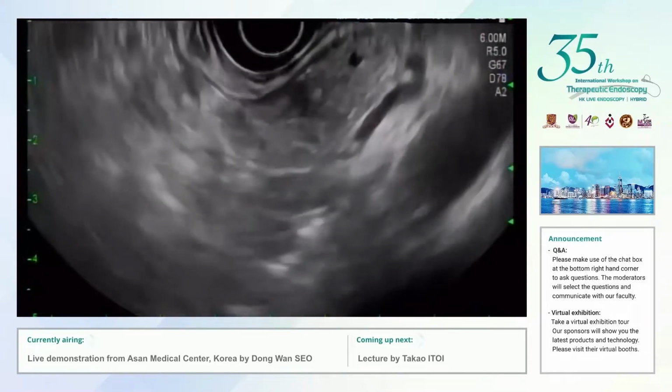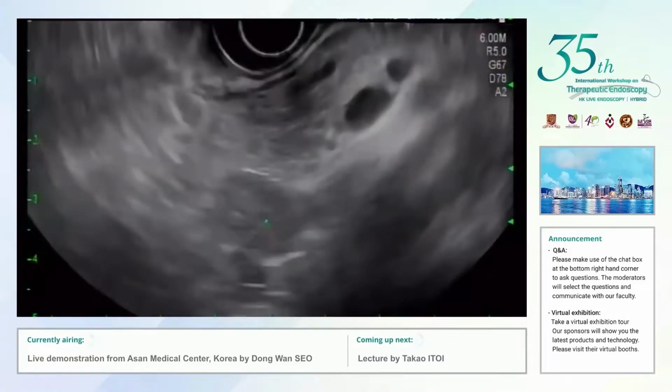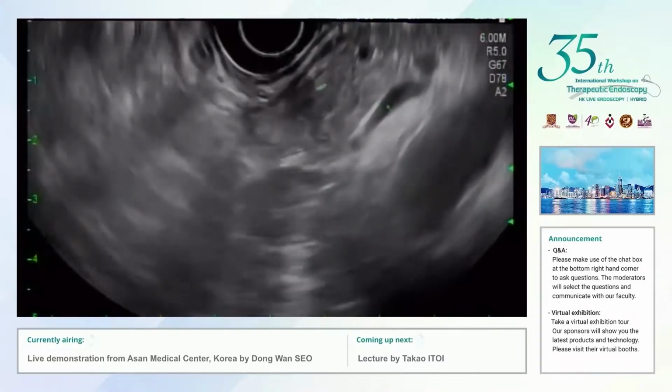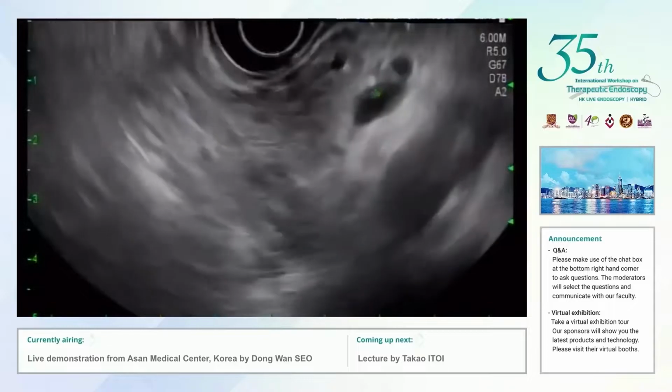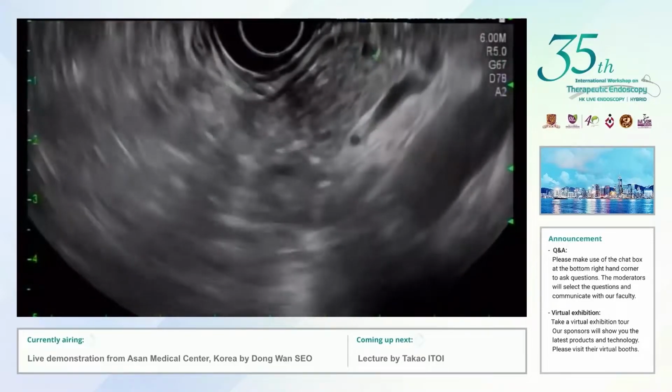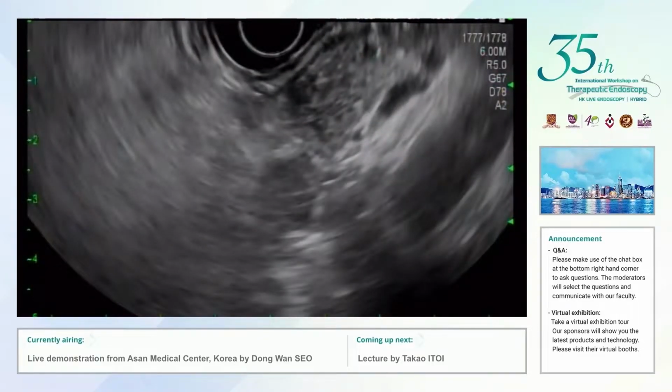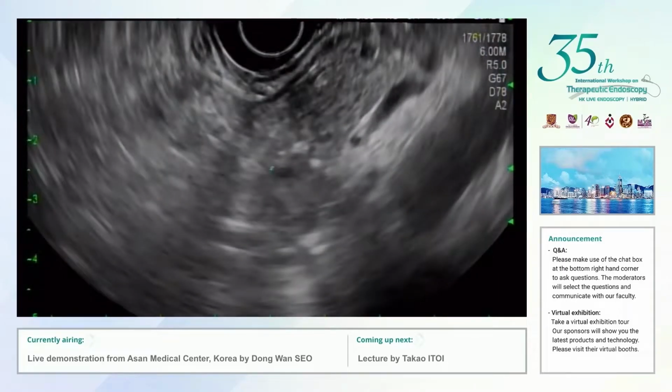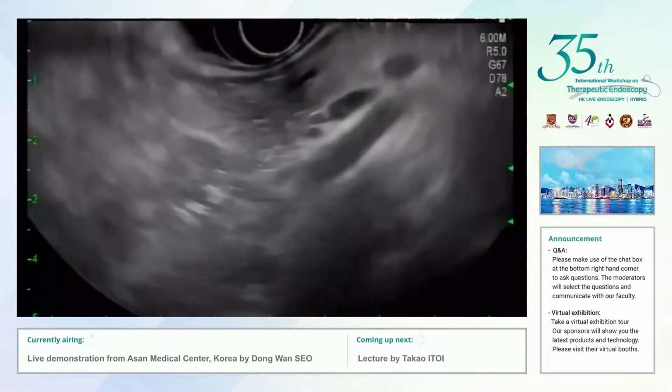While I am withdrawing my scope, we can appreciate the pancreatic tissue here, the splenic vessel here, and the main pancreatic duct here. If you measure the dimension of the main pancreatic duct in the body area, it is about 3 millimeter, so the main pancreatic duct is a little bit enlarged.